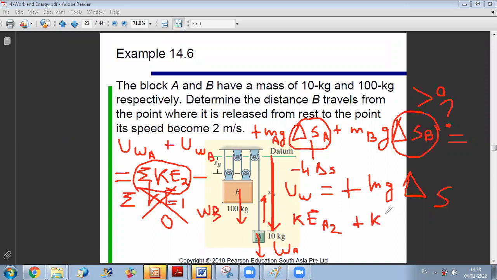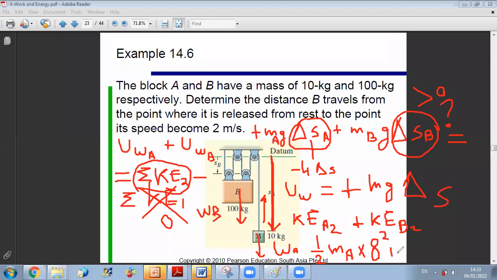Since we know the velocities at state 2, we can easily calculate the kinetic energies. So it's half mA VA2 squared, and we have seen together that VA2 is minus 8, so since it's squared, I just put 8 squared.